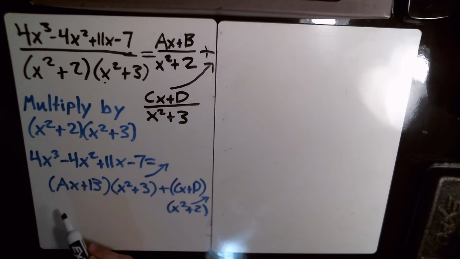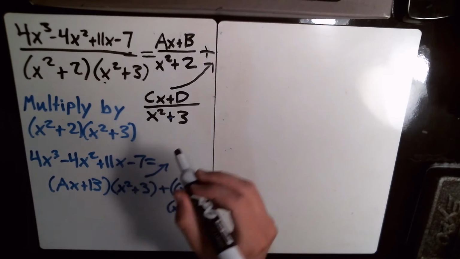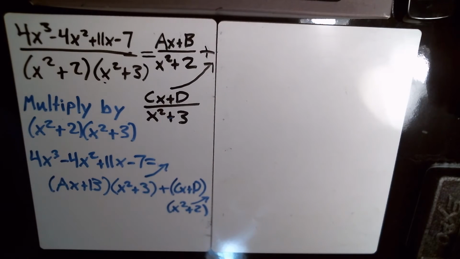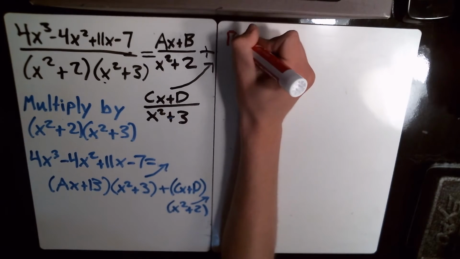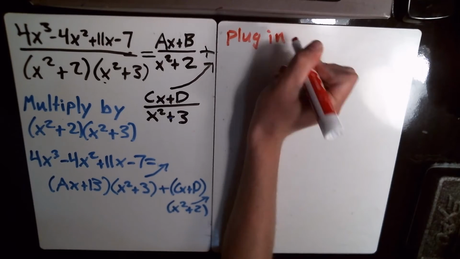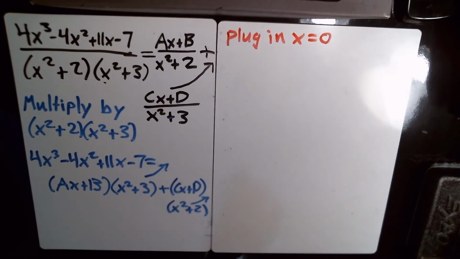But if I do plug in 0, that will at least get rid of a and c. So I'm going to plug in x equals 0 to this equation that we had here.